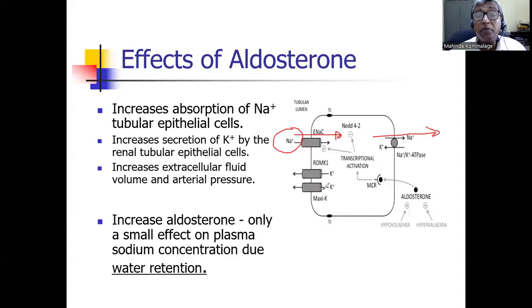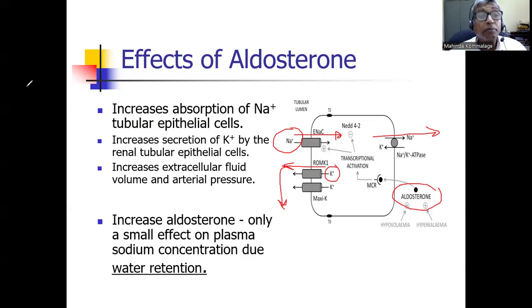At the same time, it secretes potassium into the tubular lumen. And tubular lumen means the urinary flow, right? So it will be removed from the body. So sodium reabsorption and potassium excretion is the main action of aldosterone in the renal tubule, right?